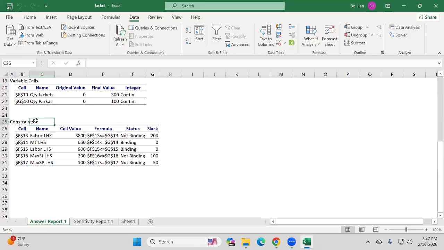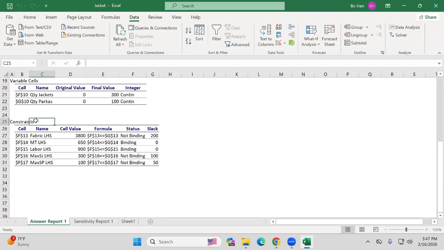This report shows you two important information. One, the status of your constraint. For each constraint, you could have two possible statuses. One is binding, another one is not binding.